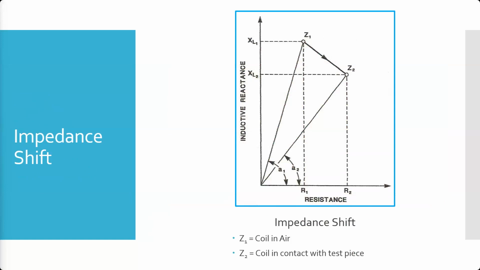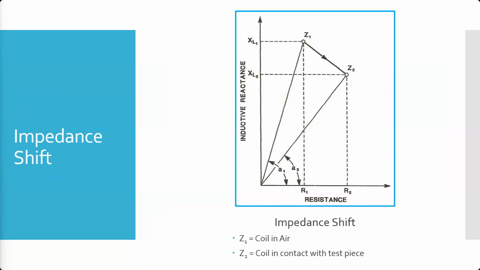And so that's going to cause a change in the total impedance. On most eddy current testers that are just looking at this impedance, it's going to move that indication around on that display. And so that's what we're looking for.